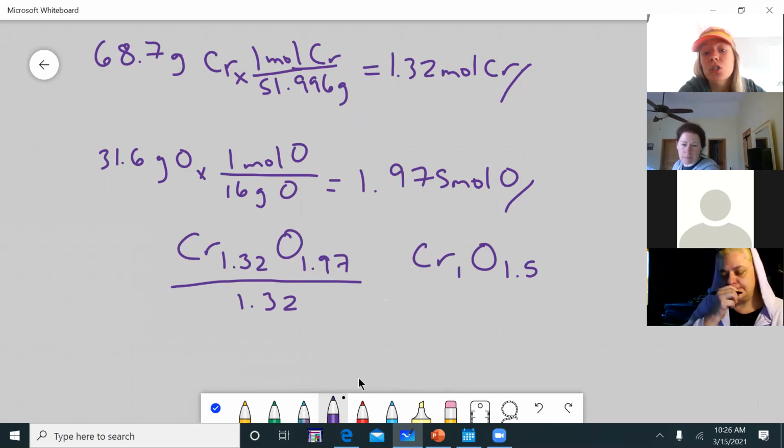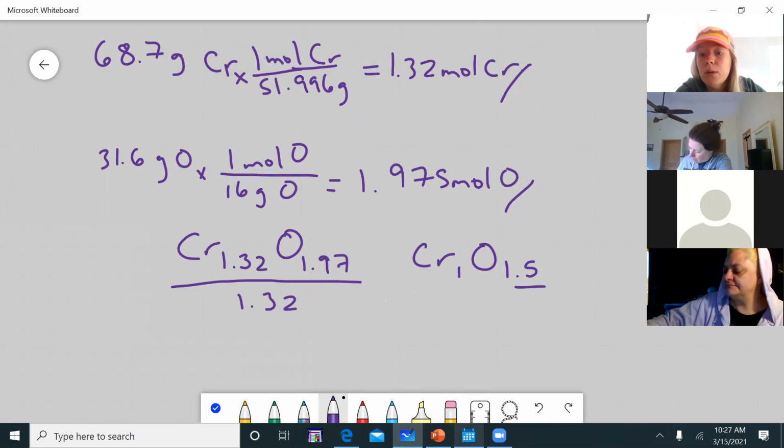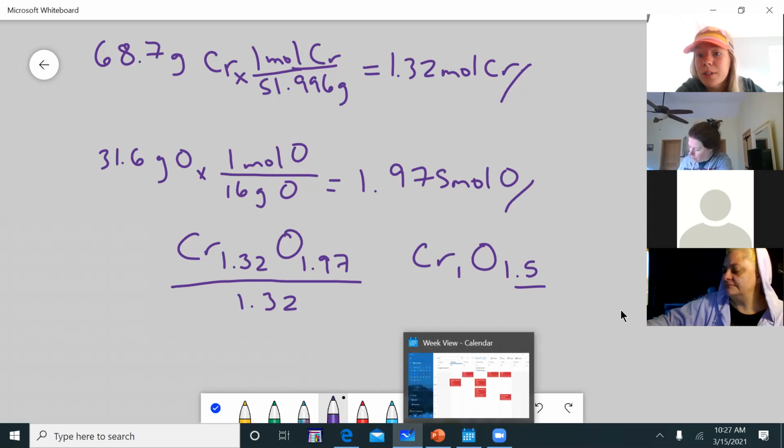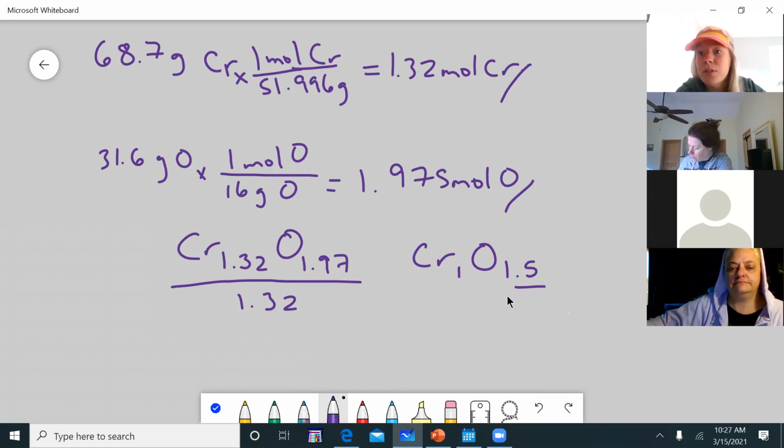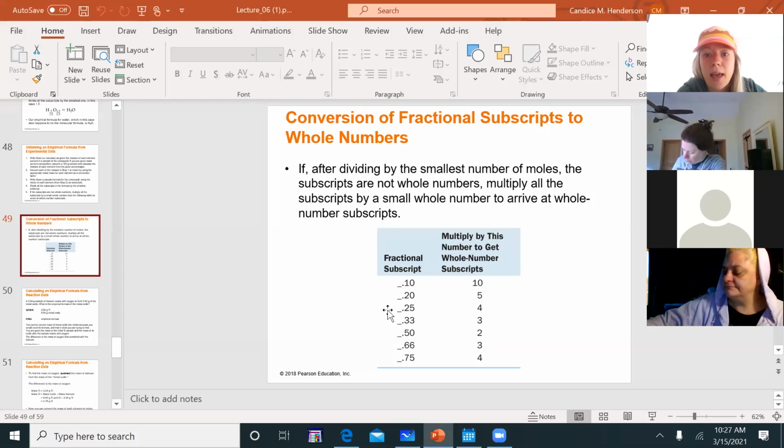So the last thing we need to do is multiply by some sort of number to get it to whole numbers. If you have one as a 0.5, we will multiply it by 2. It's kind of like, you know, a half, you need 2 of them to get to a whole. A quarter, you need 4 of them to get to a whole. A third, you need 3 of them to get to a whole. If that isn't ringing a bell for you, you can just use this, okay?